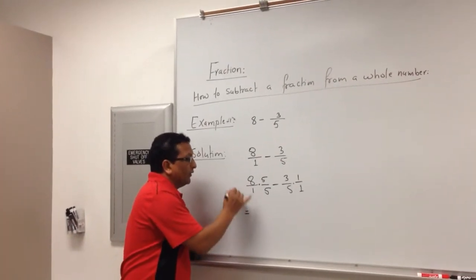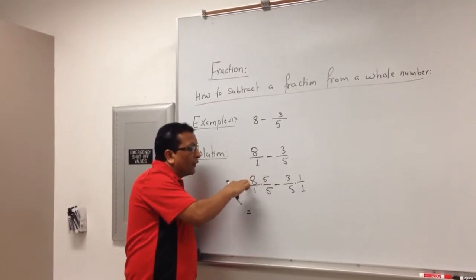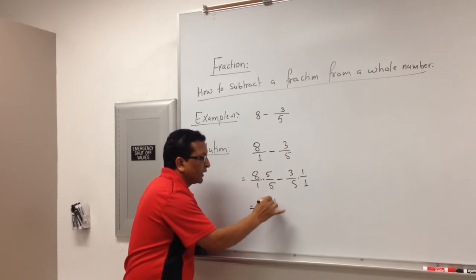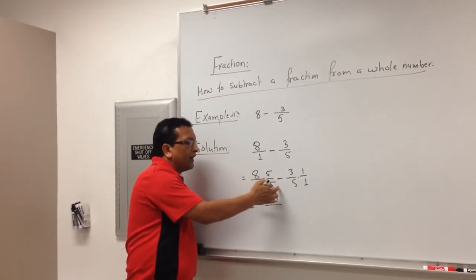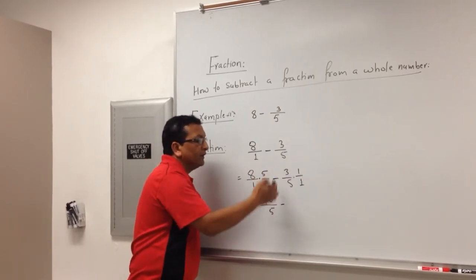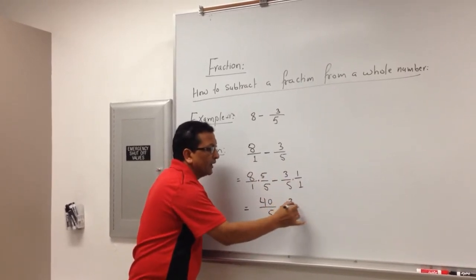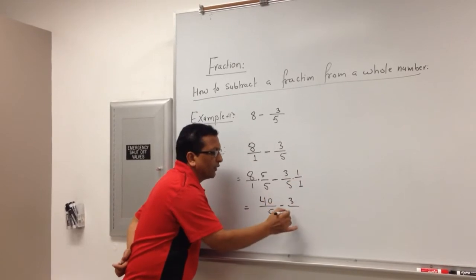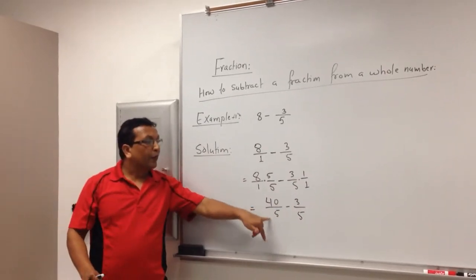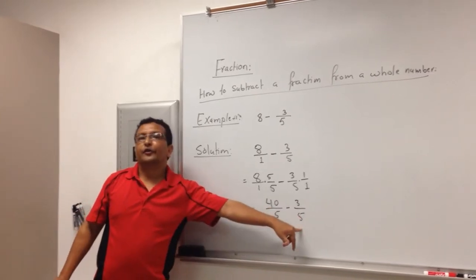Okay, so now continue. We multiply 8 times 5, which becomes 40. In the denominator, 1 times 5 is 5. Minus, in the second term, 3 times 1 is 3, and in the denominator, 5 times 1 is 5. So now we see both terms have a common denominator.